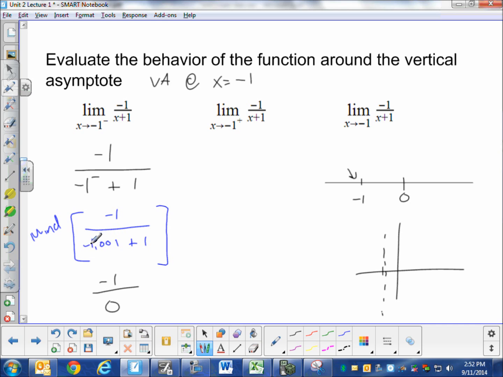This here is a little bit bigger in terms of a negative number than this. If I add these two numbers together, I get a negative number. And then, knowing that we have a constant divided by something infinitely small tells me that we are growing to be something infinitely big. And since we have a negative divided by a negative, it's a positive.